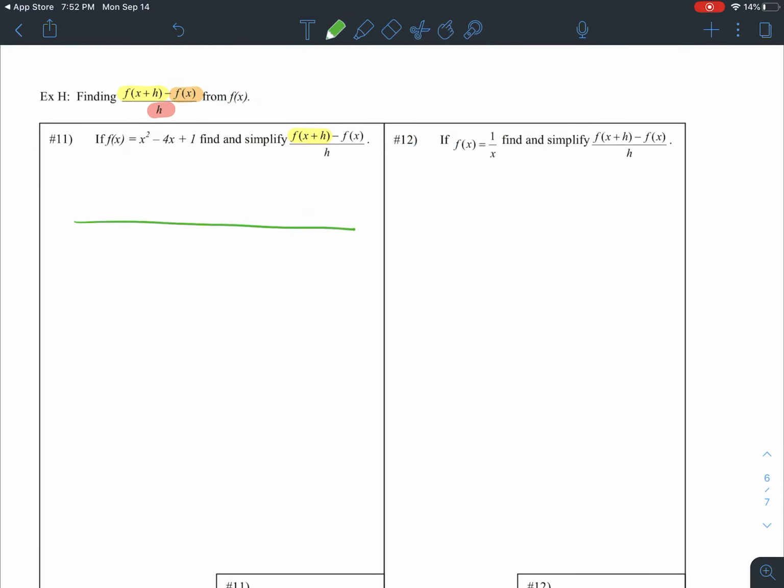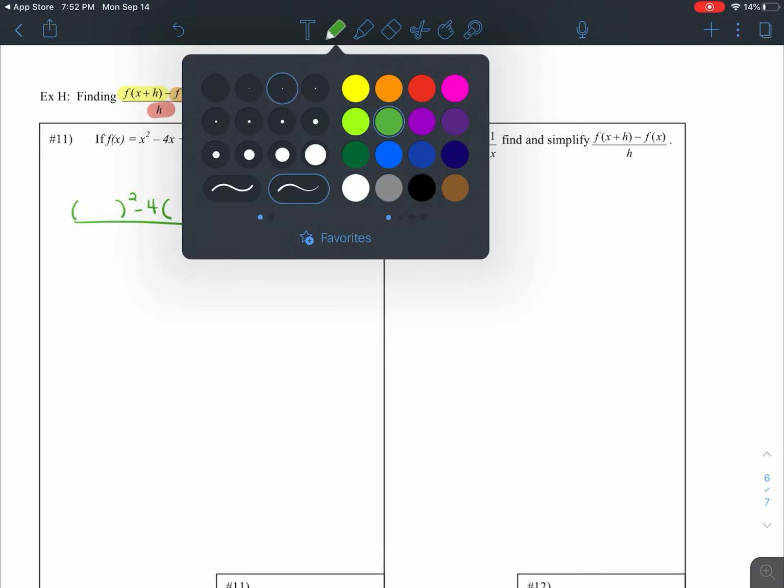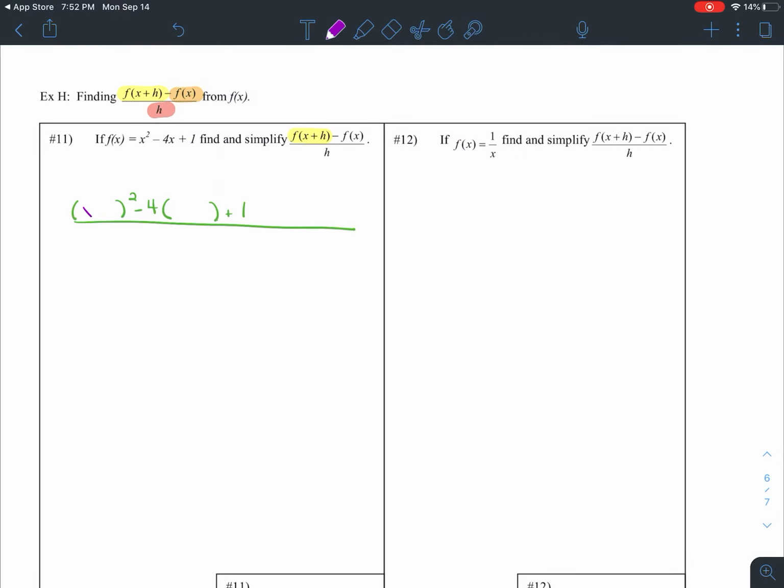Okay, so I'm going to put our big fraction bar here for the fraction bar right here in the difference quotient, and right now I'm just going to focus on calculating f of x plus h. Now what that means is I'm going to substitute an x plus h into my function every place there is an x.